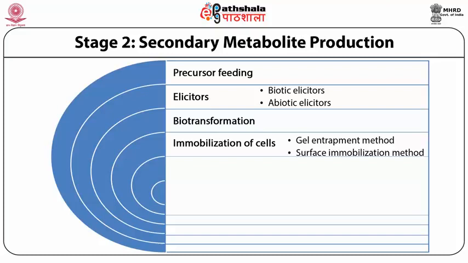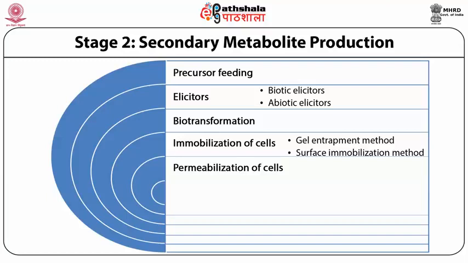Now coming on to the next strategy for secondary metabolites, which is permeabilization of cells. We know that plant secondary metabolites are largely produced intracellularly, and so extraction of such products into the medium is very important.